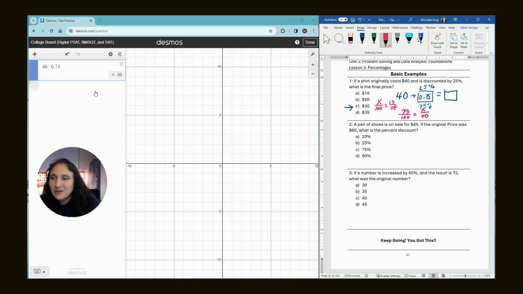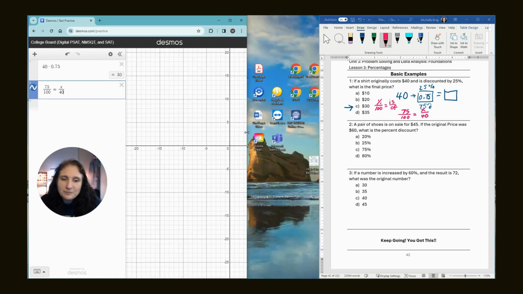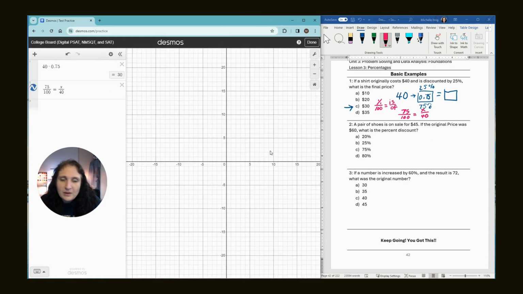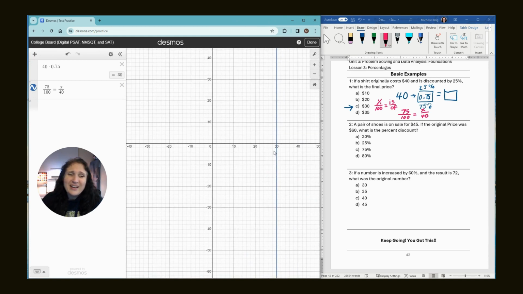And so the other thing you could have done is you could hit the divide symbol for fractions and do it this way, where we just do 75 over 100 equals x divided by 40. And what do we still get? If I scroll out, whoops, scroll. Oh, look at that. It's 30. Mind blown.